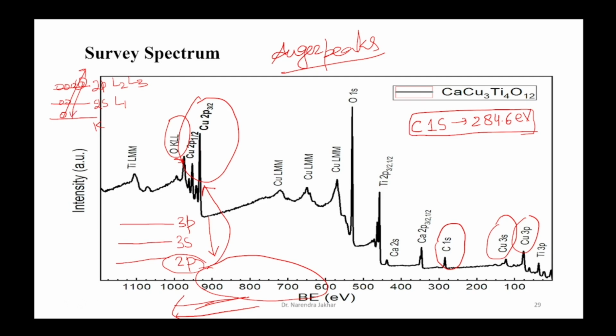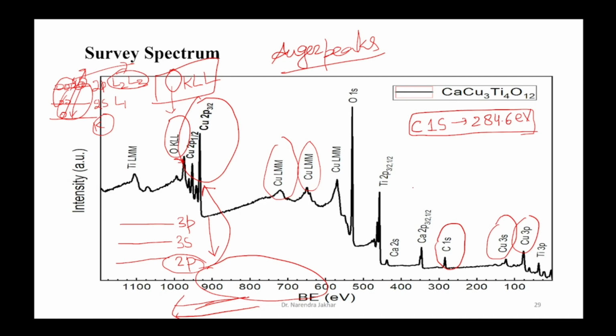But rather than this event happening, the excitation energy is transferred to another electron and that electron comes out. So this is from LL to K, and this peak is named the KLL peak, the OKLL peak. Similarly, there are the CuLMM peaks. These are the peaks ascribed to the Auger peaks in the sample.